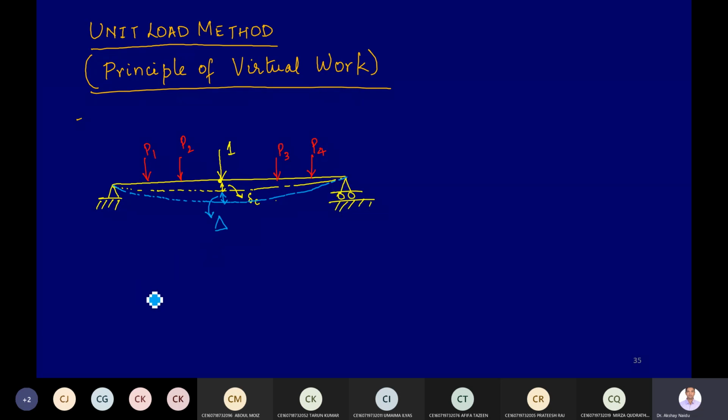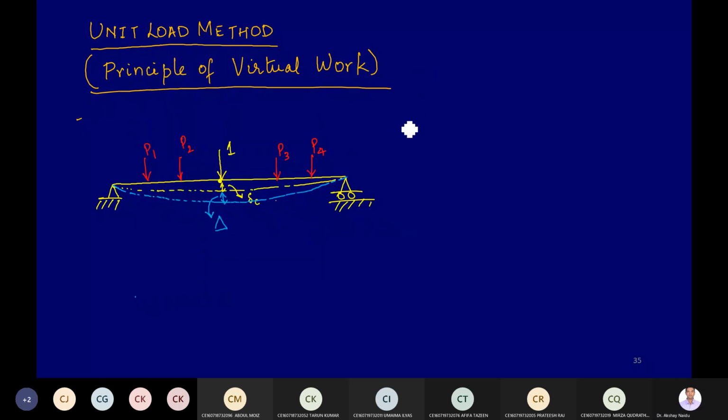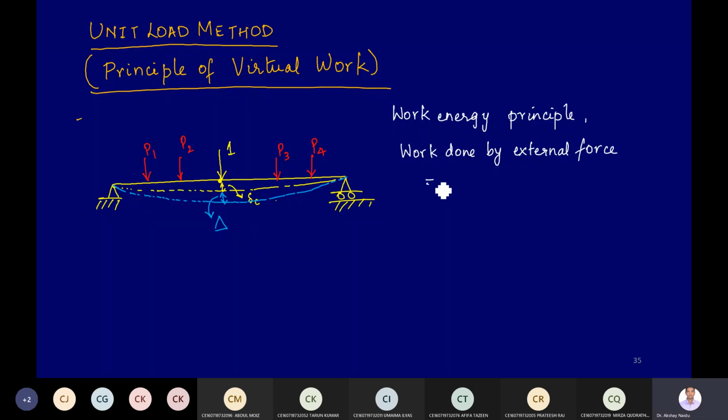So, according to the work energy principle, work done by external forces is equal to the internal strain energy stored due to deformation.